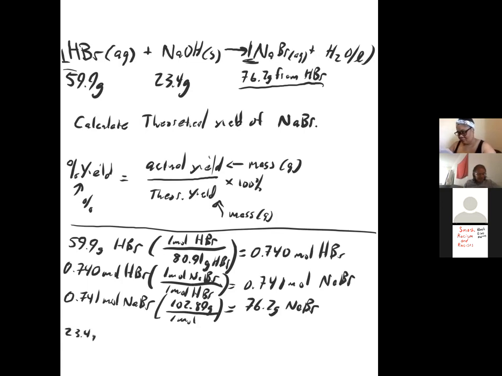23.4 grams of sodium hydroxide. Convert that to moles. 1 mole of sodium hydroxide is, I think it's actually 40.00 grams. So 23.4 over 40. And you get 0.585.